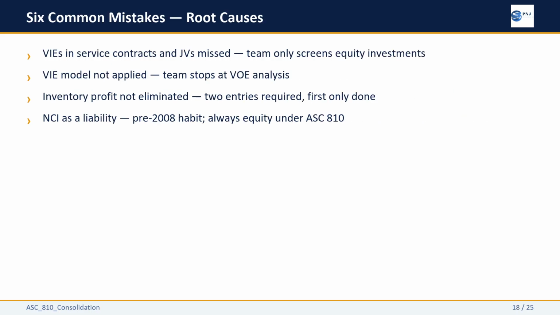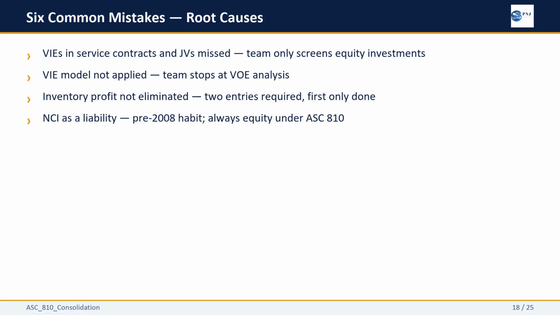The 6 common consolidation mistakes each have a specific root cause. VIEs in service contracts are missed because teams limit their scope to equity investments. The VIE model is skipped when teams rely on the VOE analysis alone. Inventory profit is left in because teams run only the sales elimination and miss the separate inventory entry.